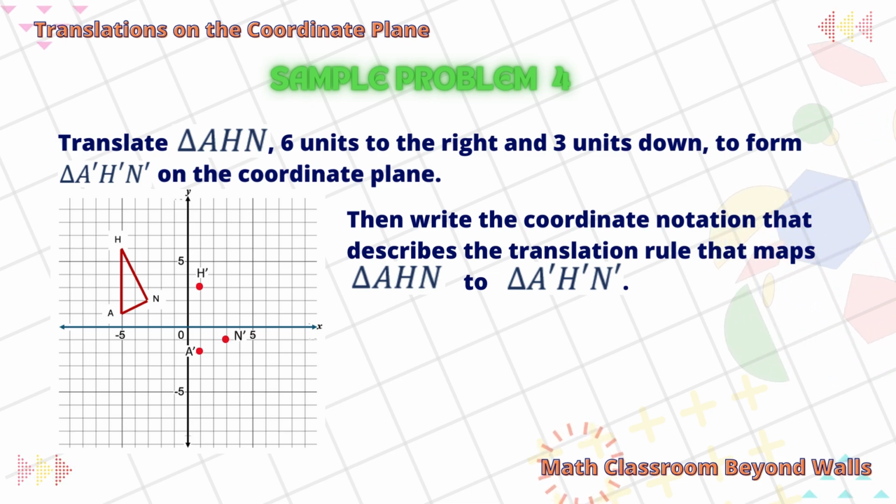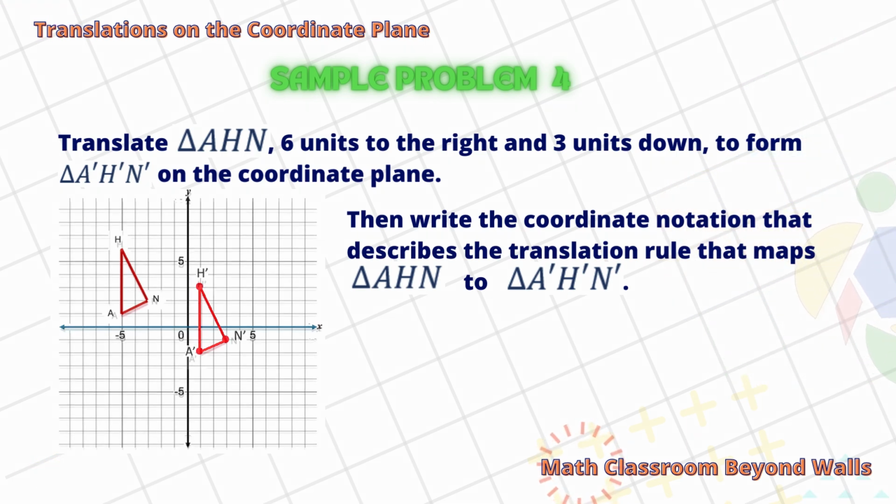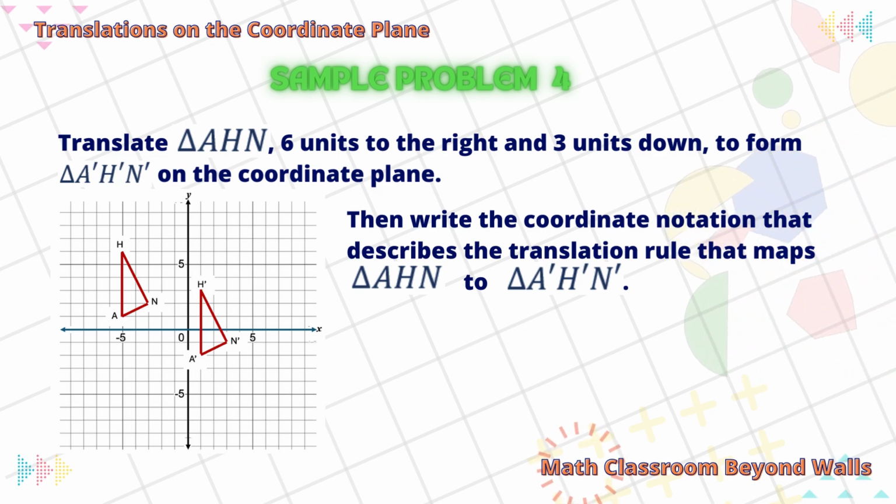Next, we connect points A prime, H prime, and N prime to form triangle A prime, H prime, N prime. Here is now our answer to the first question. We now have the translated figure, triangle A prime, H prime, N prime, which is the image.